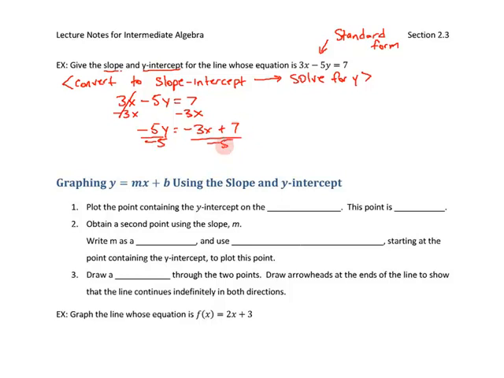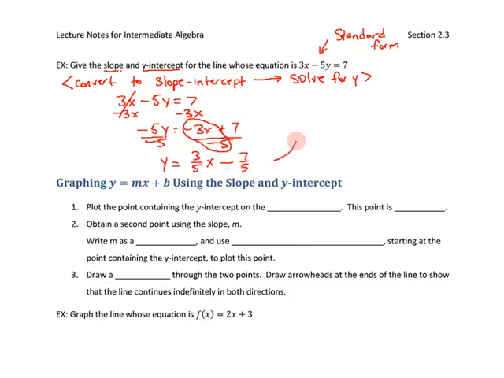Now when you divide a sum by a -5, you're dividing each term by -5. So we end up with y is equal to this -3 over the -5 becomes a positive 3 over 5x. Negative divided by negative is positive. That's why I don't write the negatives. And then this one is going to be 7 divided by -5, or -7/5.